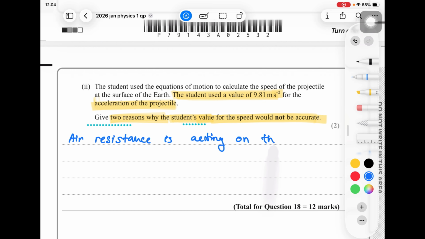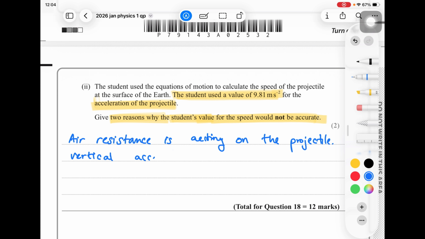That is how you say it is acting on the projectile. So we could say since that occurs, vertical acceleration will not be a constant value in the first place. It is changing over time because it's not the same.